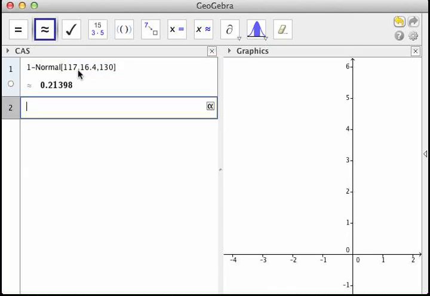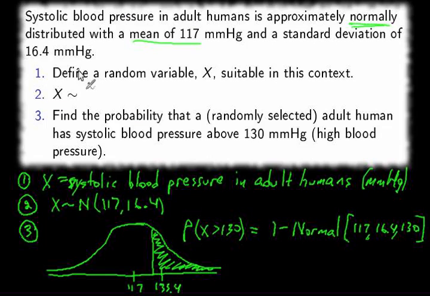So 0.21398. So that's approximately 0.21398. So a little less than I thought. You know, this area again is just an approximation. So 21%.